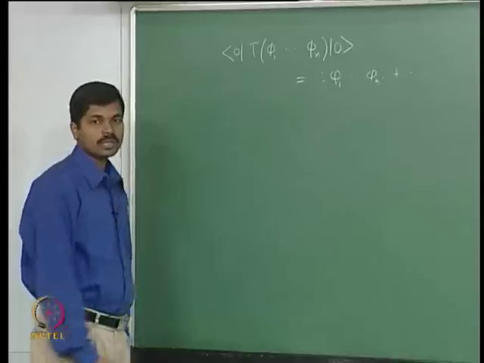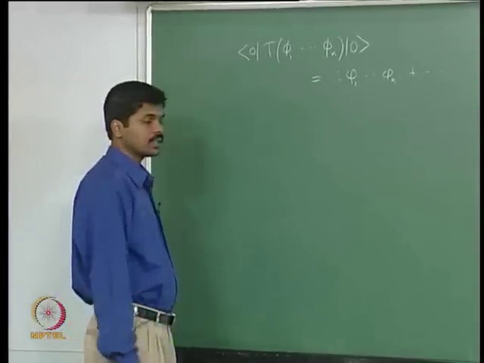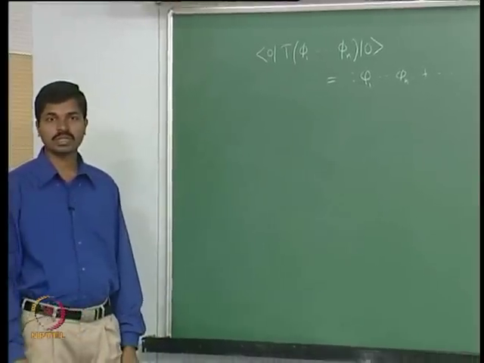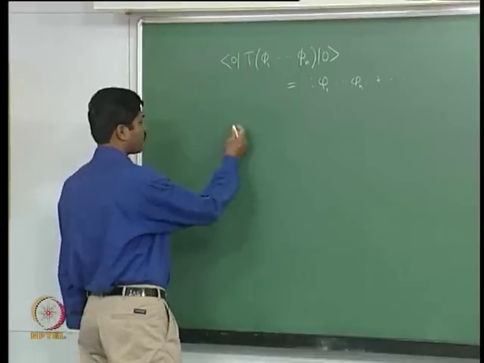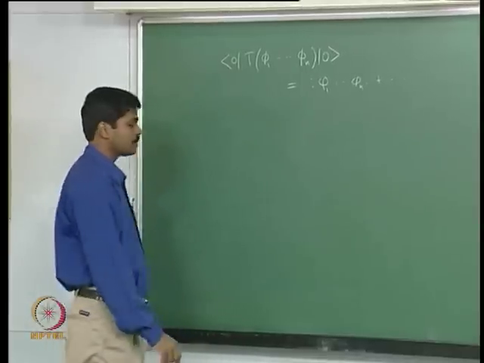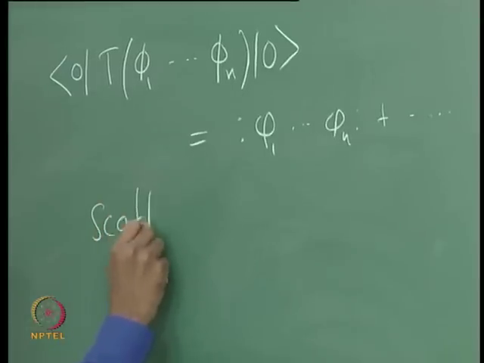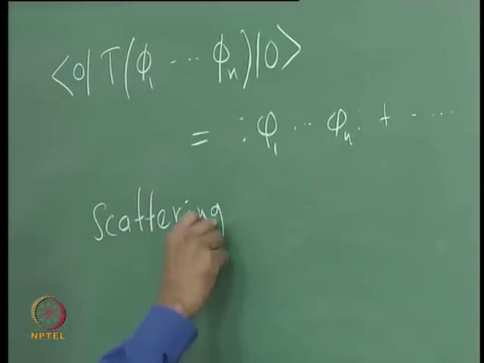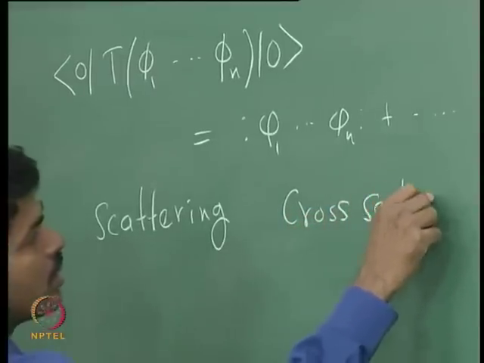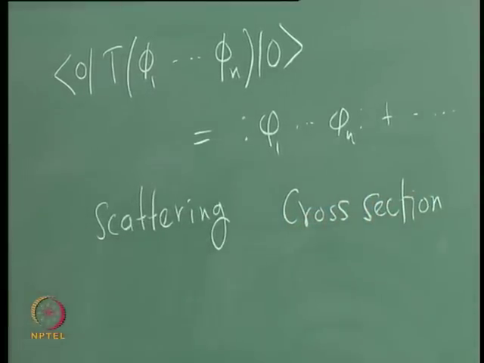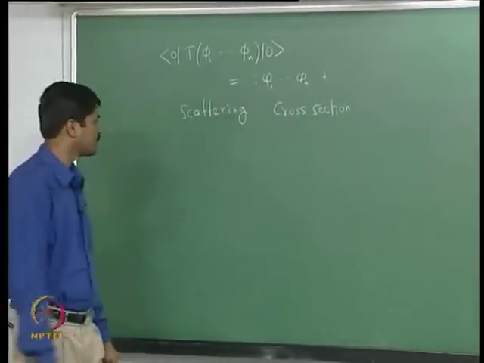In today's lecture, we will derive the formula for cross section, decay width and so on, because these are the measurable quantities. So, you need to have a formula for the scattering cross section, when you consider two or more particles scattering with each other.